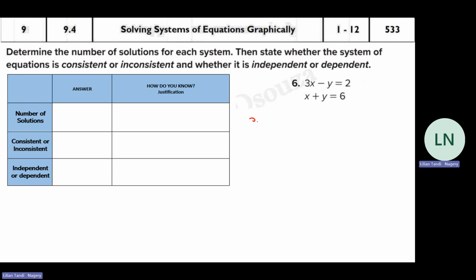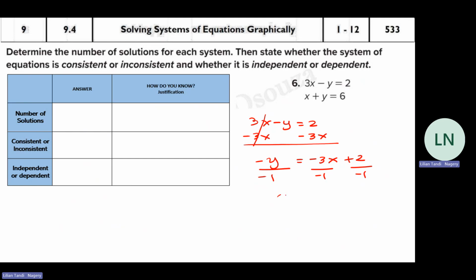So this will be 3x minus y equals 2. Subtract 3x, this goes away. Negative y equals negative 3x plus 2. Divide all your terms by negative 1. y equals 3x minus 2.